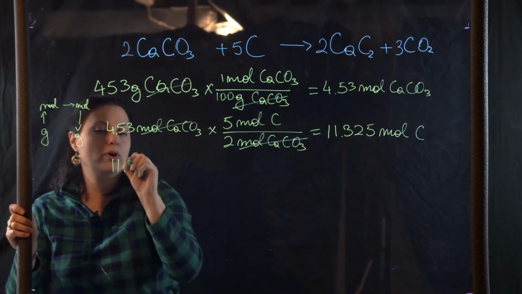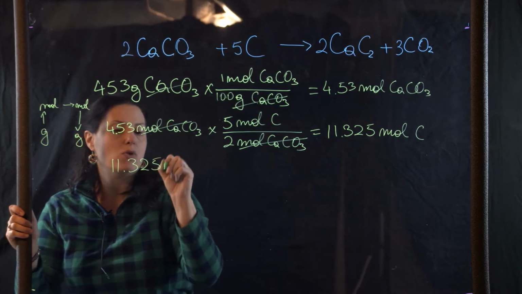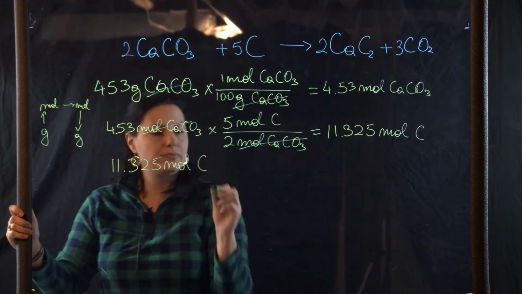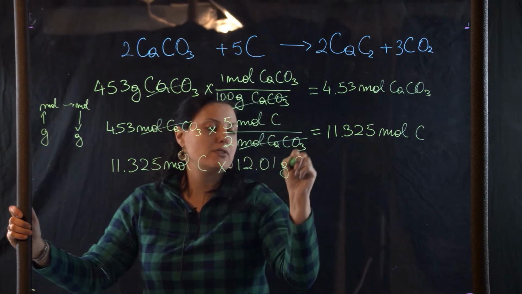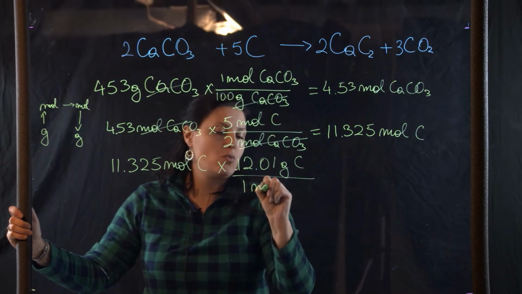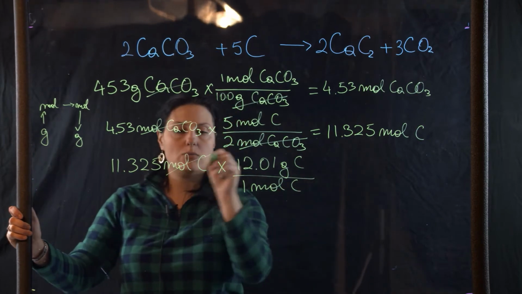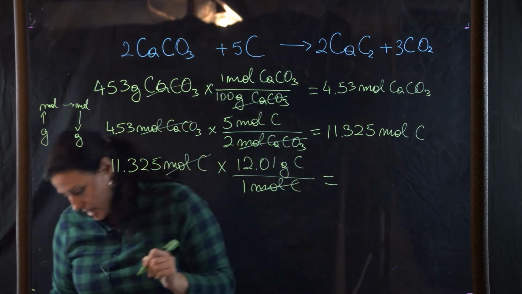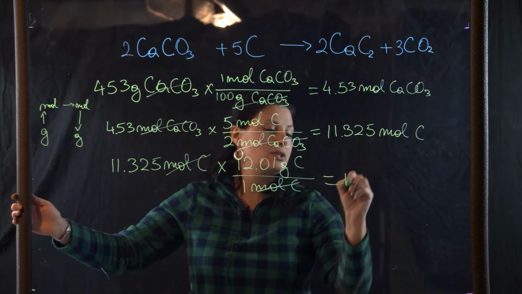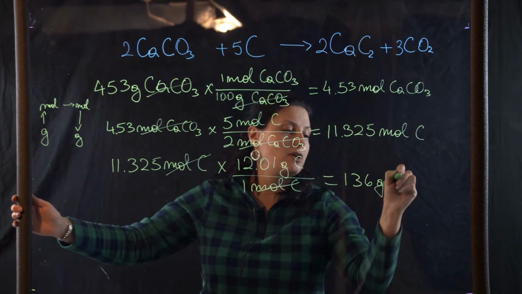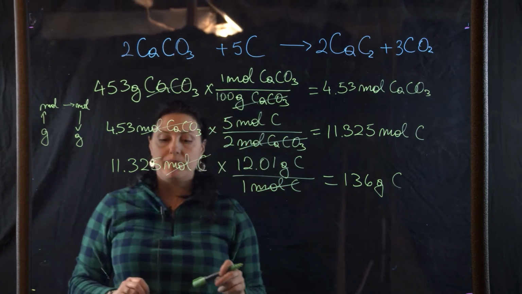So 11.325 moles of carbon multiplied by 12.01 grams of carbon, which make 1 mole of carbon. Moles will cancel out, and I will get 136 grams of carbon.